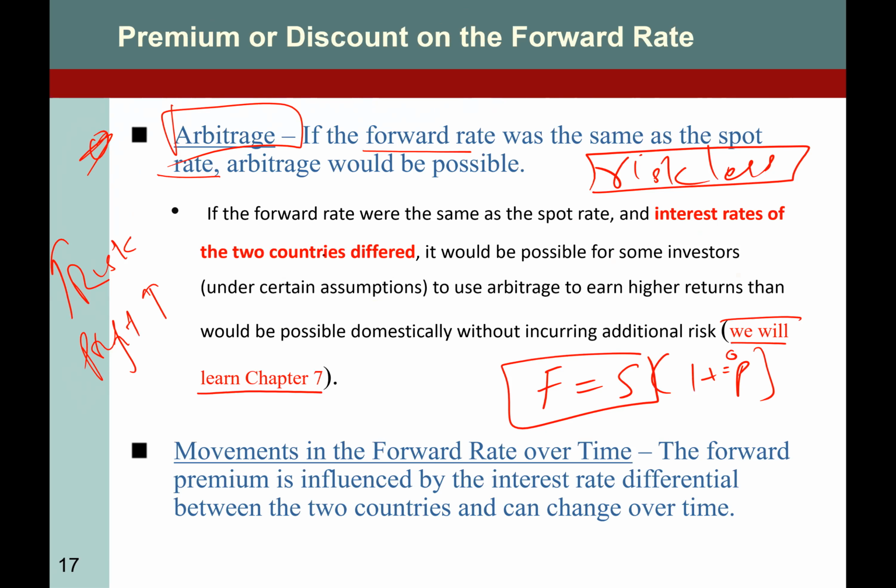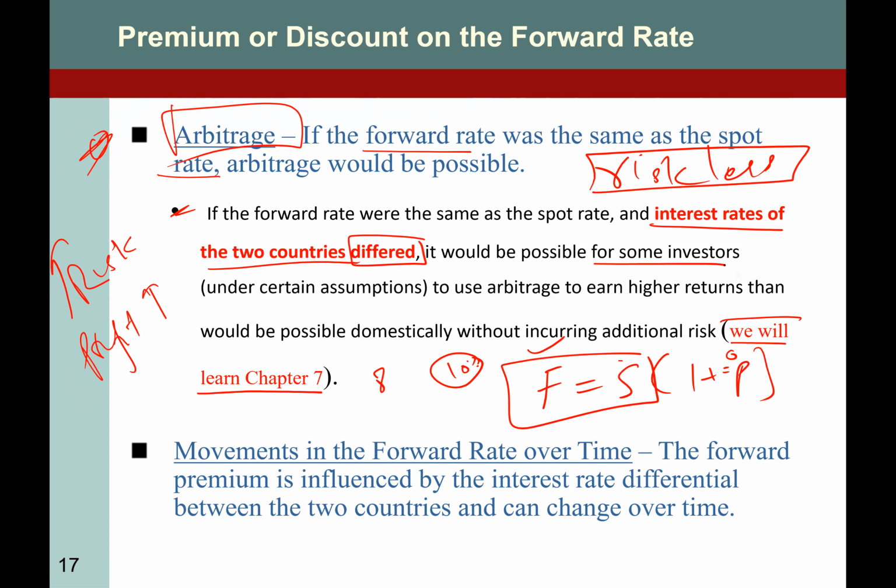It means if there is this situation when forward is equal to spot, then let me just read that. If the forward rate were the same as the spot rate, the interest rates of the two countries are different. If in United States it is 8% and in Europe it is 10%, and forward rate is equal to spot rate, then there are chances to earn this 2% extra.